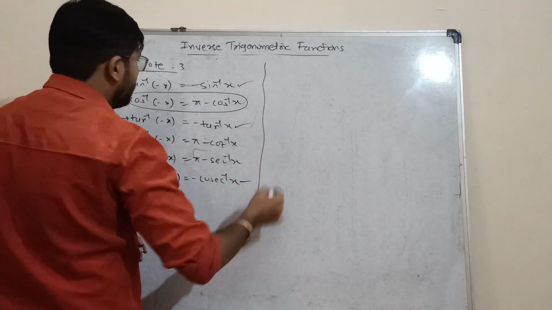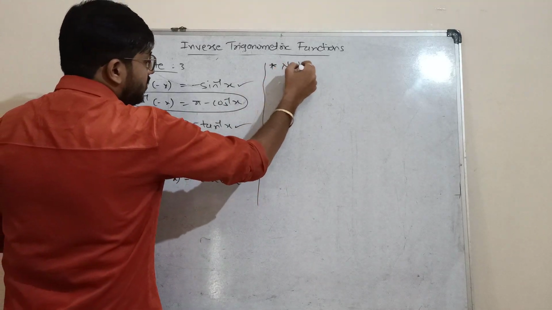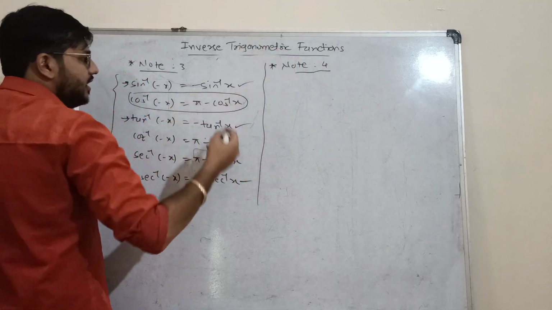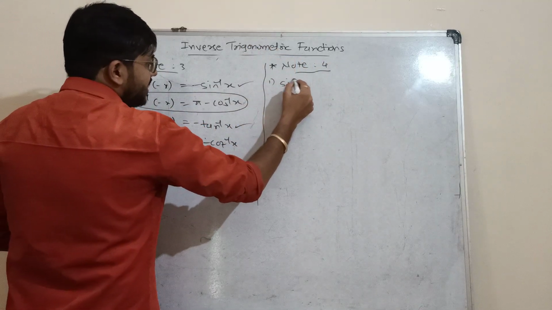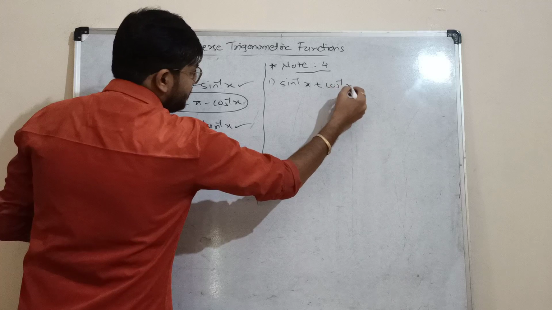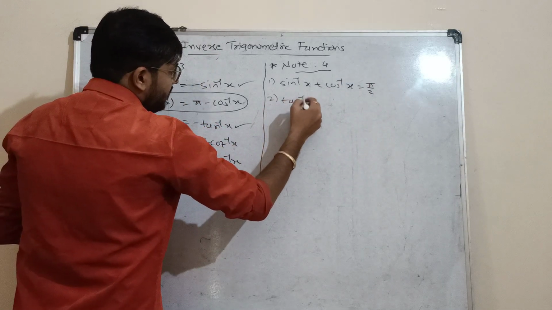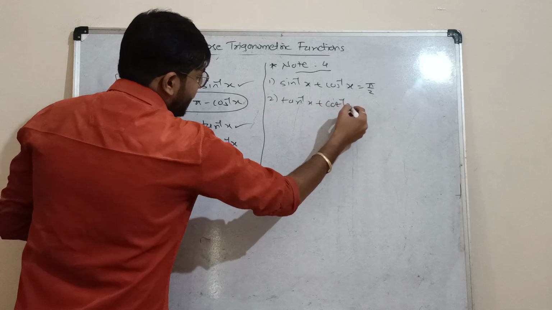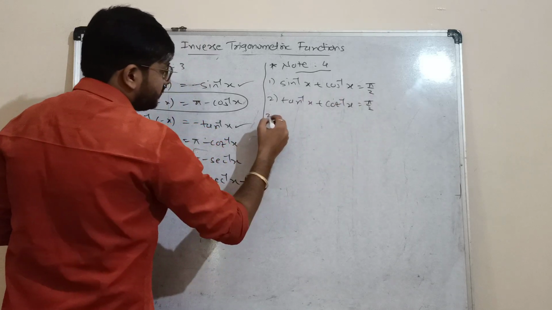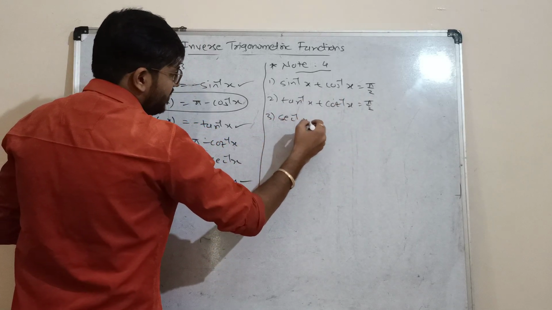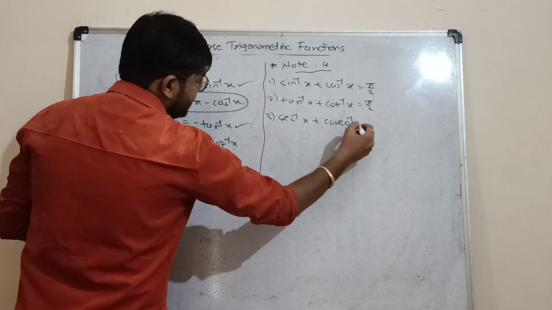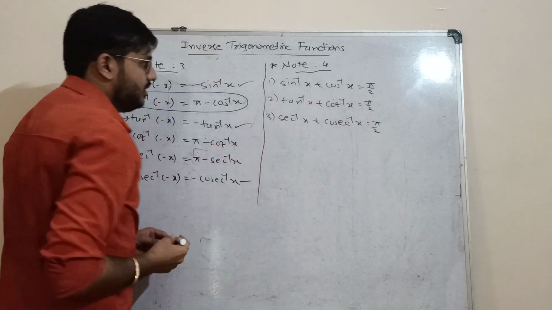Now let's talk about note number 4, which is very important, where sine inverse x plus cos inverse x equals pi by 2, tan inverse x plus cot inverse x equals pi by 2, and sec inverse x plus cosec inverse x also equals pi by 2.